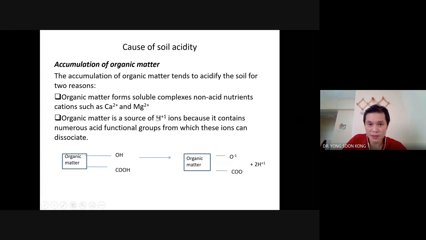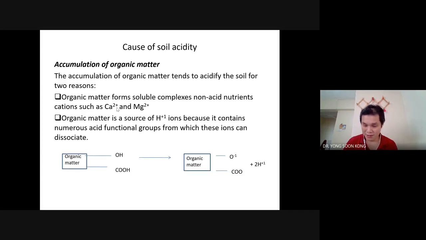For your information, these two cations are alkaline earth metals. Which means if these two are present in the soil, it becomes alkaline. However, if organic matter binds with these two cations, it is going to acidify the soil. That means they can no longer make the soil alkaline.